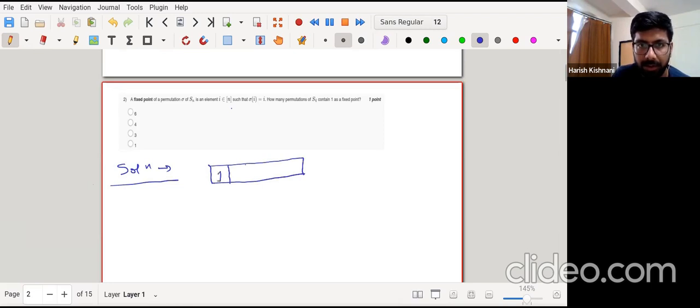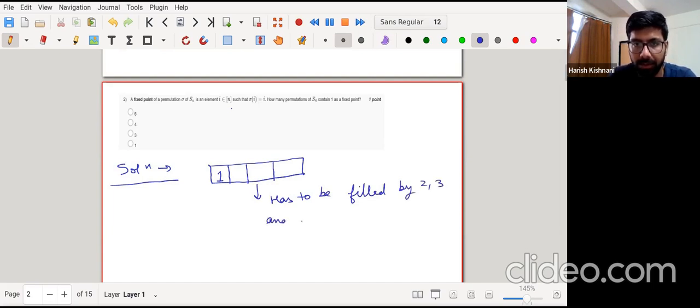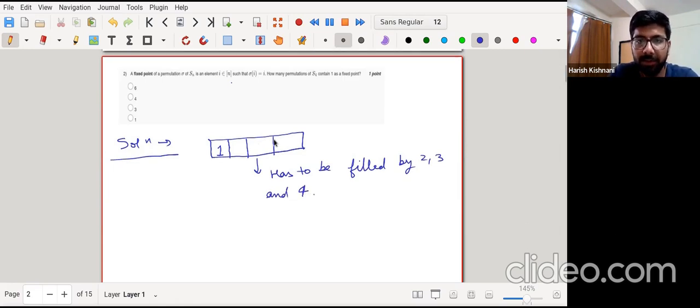But the three slots are still vacant and they have to be filled by 2, 3, and 4. So once this first slot is fixed, it remains a permutation in three symbols. So this can be filled in any way, through any permutation in these three symbols.